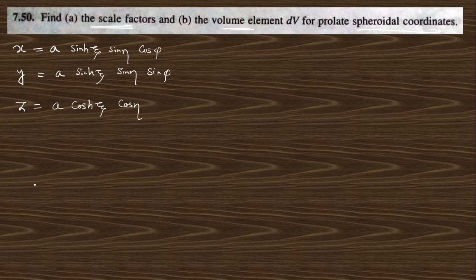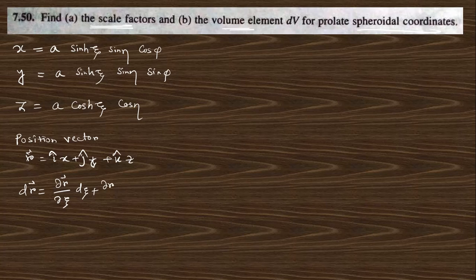In the same manner you can write the position vector r as i cap x plus j cap y plus k cap z. Just put the values of x, y, z and find dr vector, which is nothing but del r by del xi d xi plus del r by del eta d eta plus del r by del phi d phi.